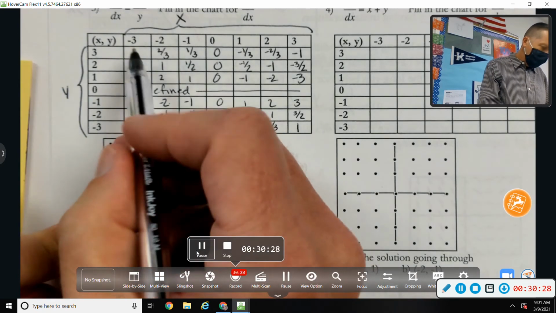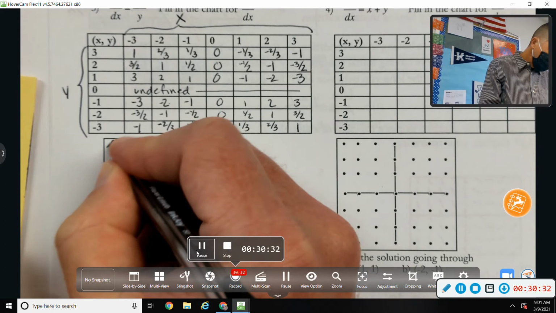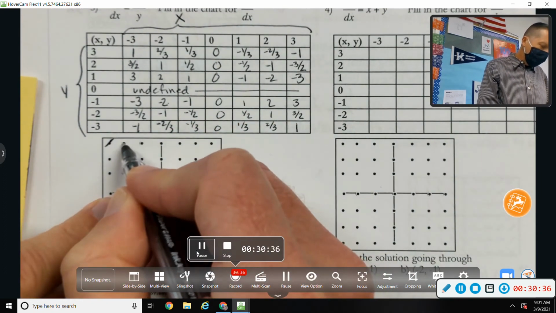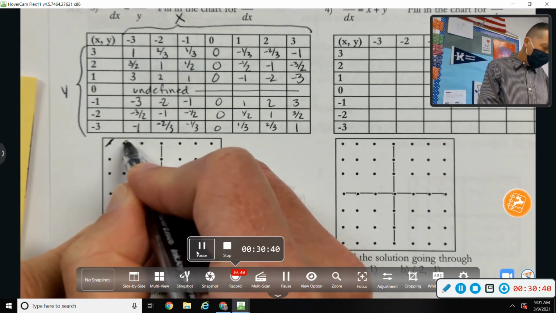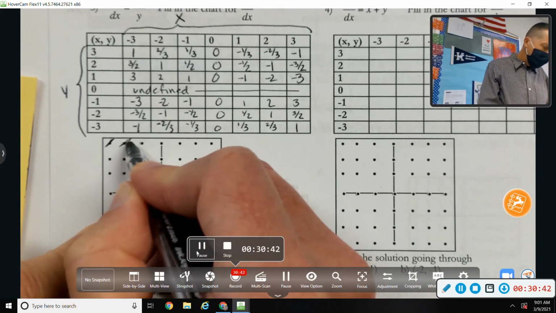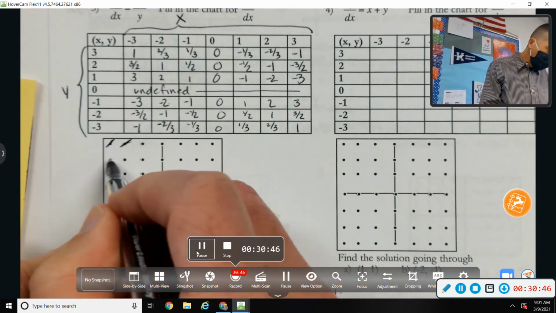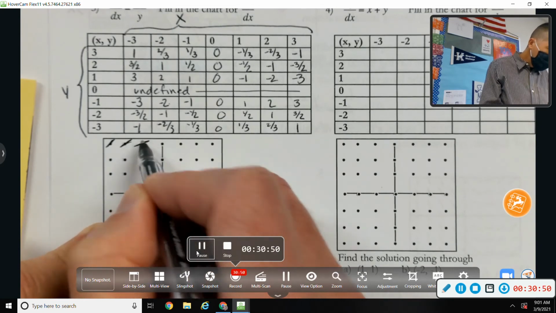So at negative 3, 3, my slope is 1. At negative 2, 3, it's 2/3, so that's a little bit less than 1. And then at negative 1, 3, it's 1/3. So positive, but even less steep.